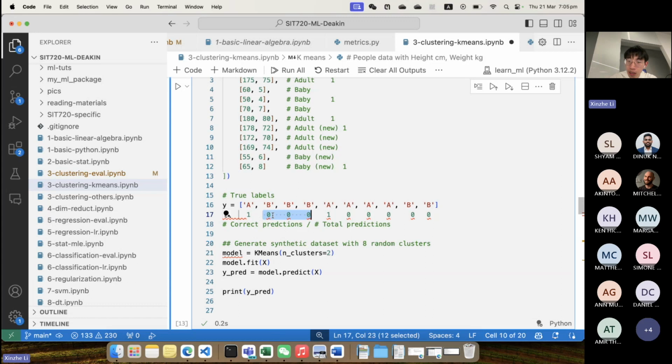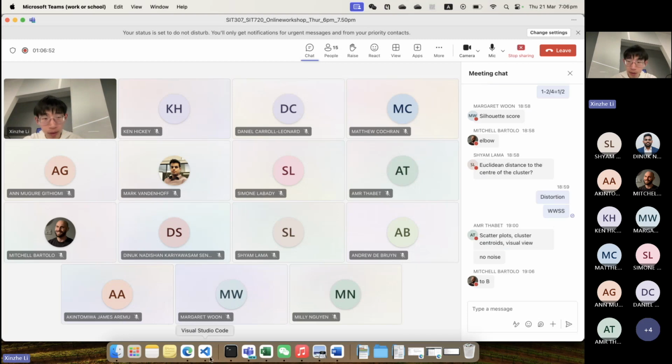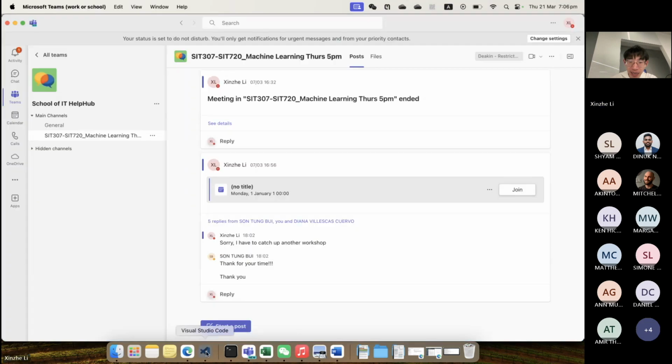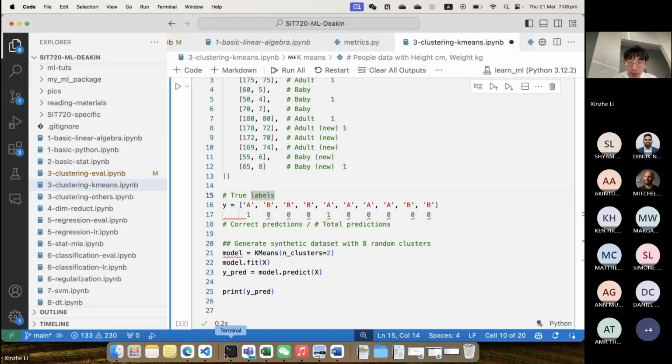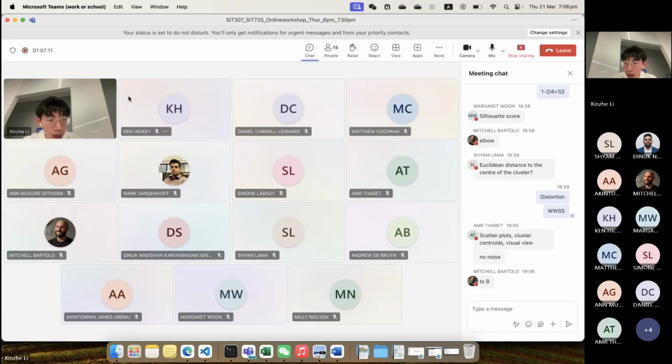Will you map the 0 to B, or will you map the 0 to A? To B. Oh, great. Can you explain to everyone how you chose B?